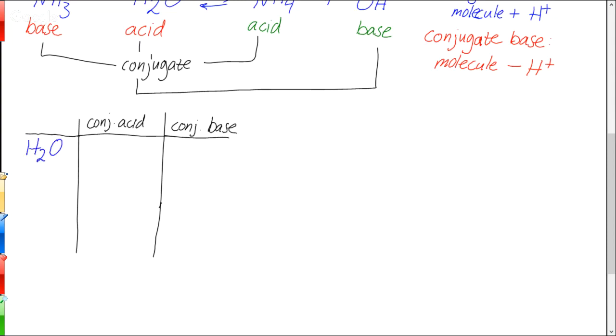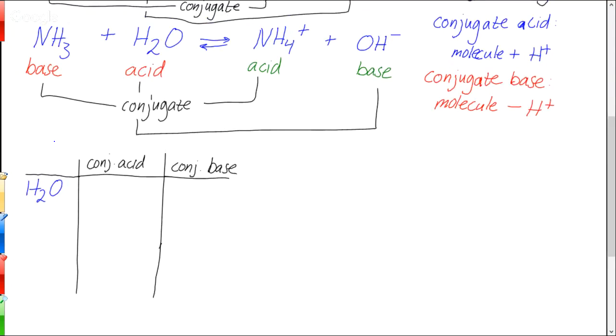So if I put water here, to find the conjugate acid, you look back at the definition. You add H plus. So you're adding a hydrogen and you're adding a positive charge. So the conjugate acid of H2O is H3O plus. We've added H, we've added a positive charge.